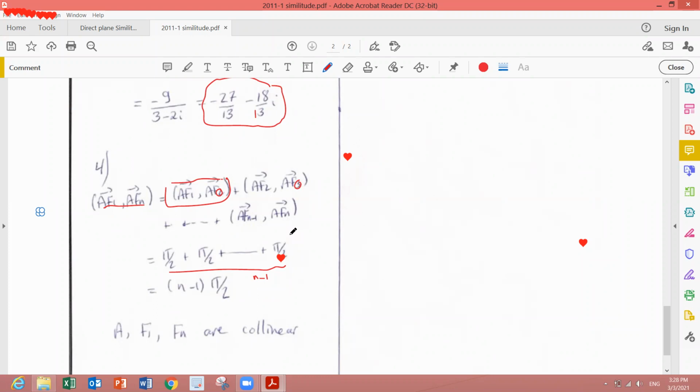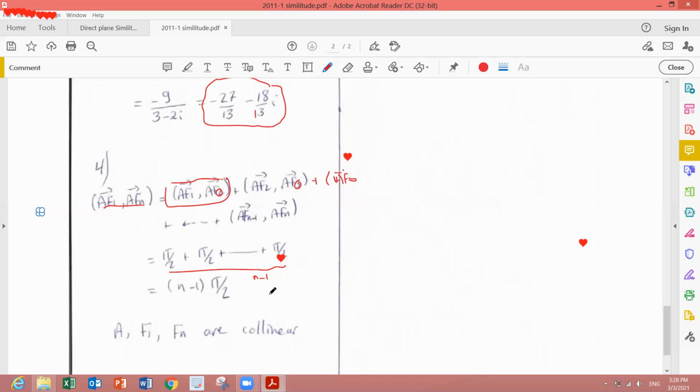If we take AF1 to AF2, one angle, AF3 we have 2 angles, smaller than the index by 1. If we take AF4, it becomes 3 angles. How did we know it is pi over 2? Because it is a similitude with center A, ratio and angle pi over 2.